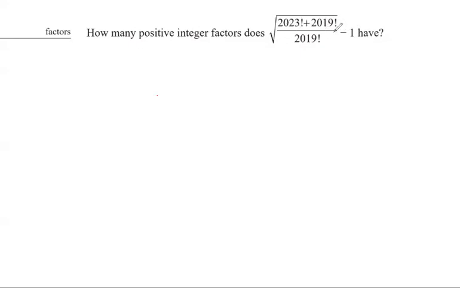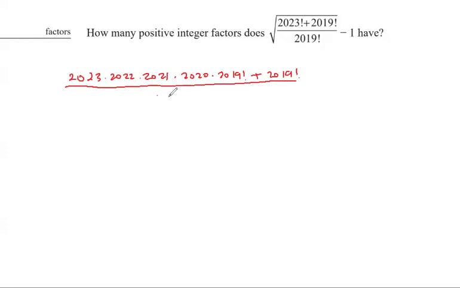So then the smaller of these is 2019. Which is why I'm going to write 2023 factorial in terms of the smaller one: 2023 times 2022 times 2021 times 2020 times 2019 factorial plus 2019 factorial, and this is all divided by 2019 factorial.